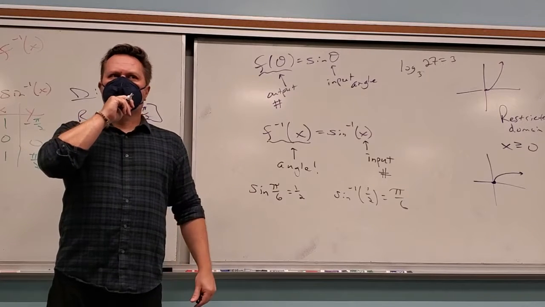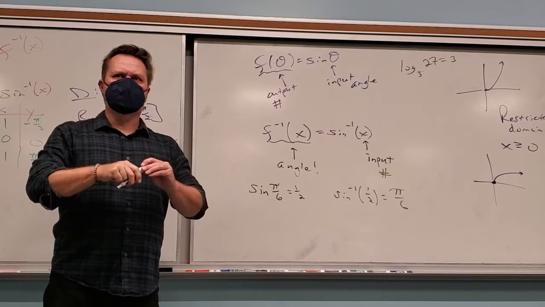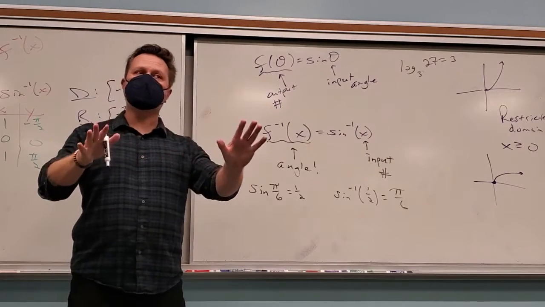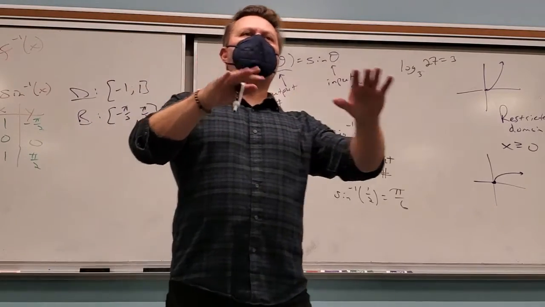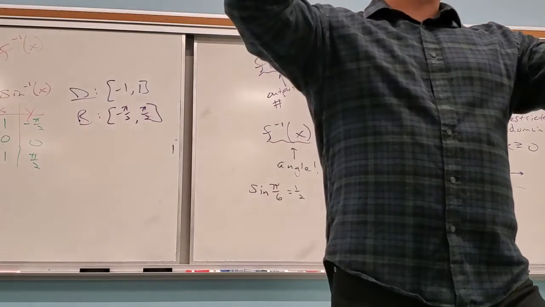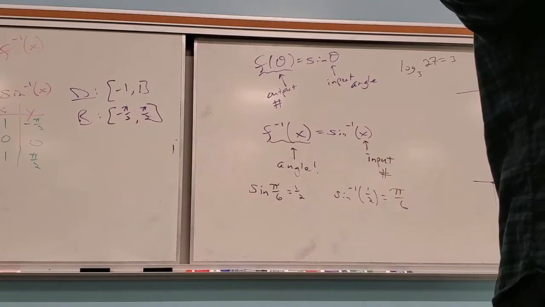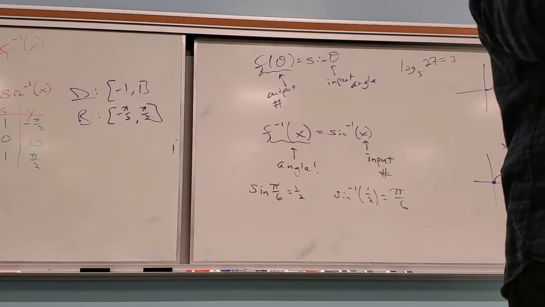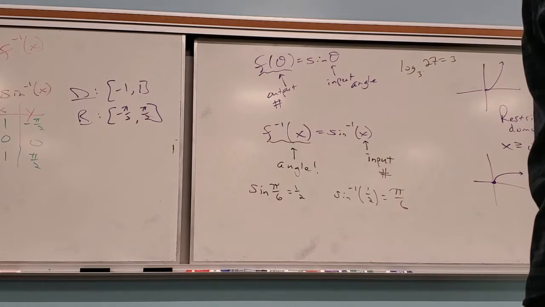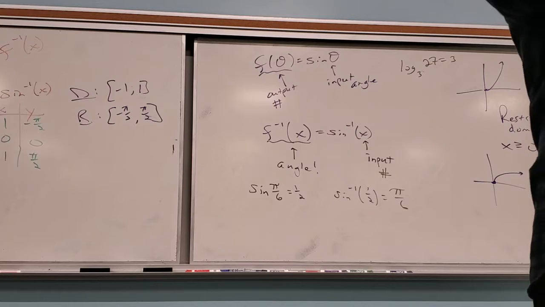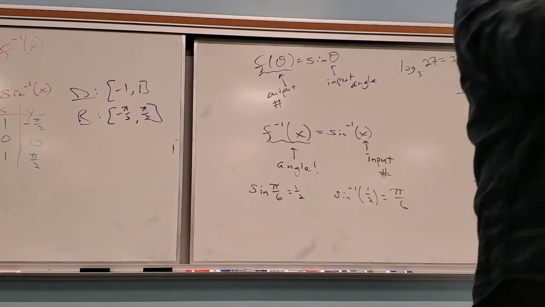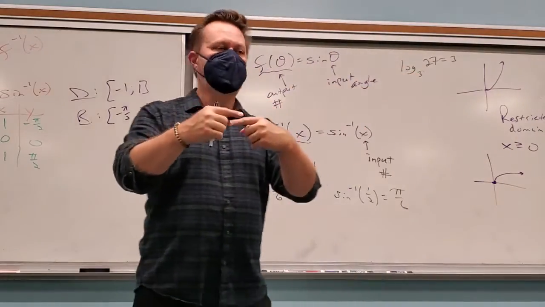So you've got to think backwards, which means the worse you are right now at knowing the trig angles and their values, you're definitely not going to be able to do inverses. You have to know what cosine of pi over 3 is to be able to do inverse cosine of 1/2. If you don't know the first, you can't think backwards.